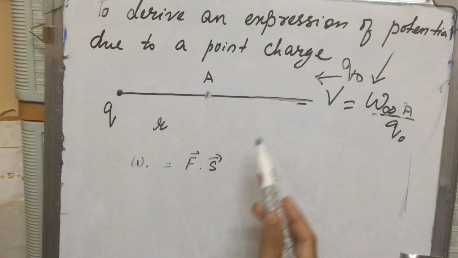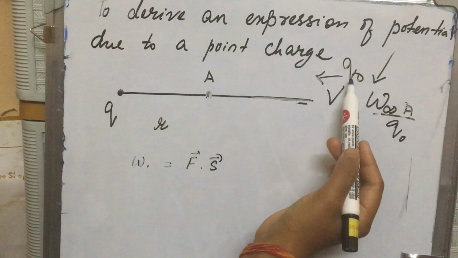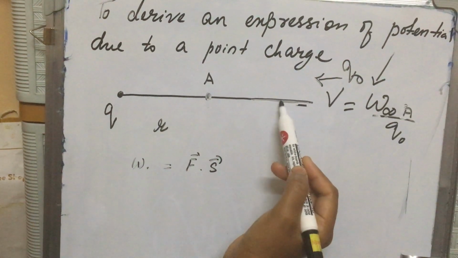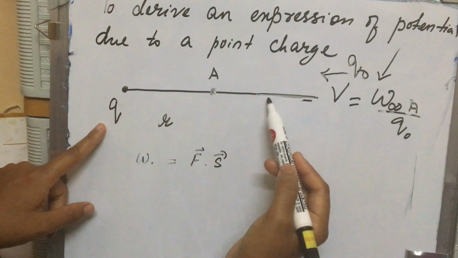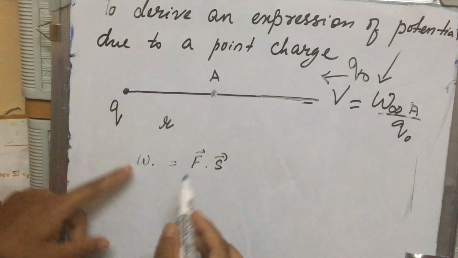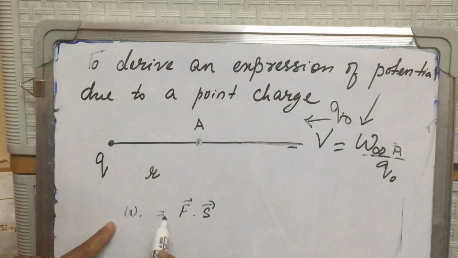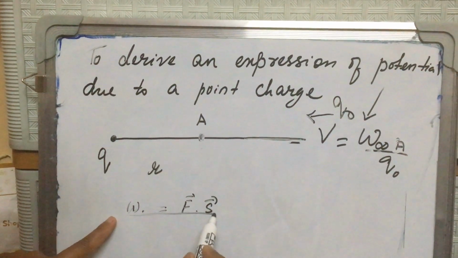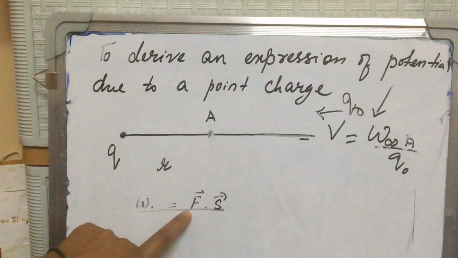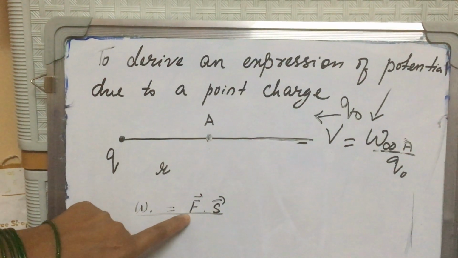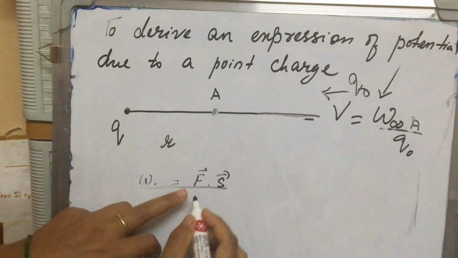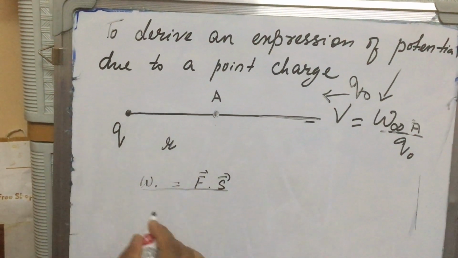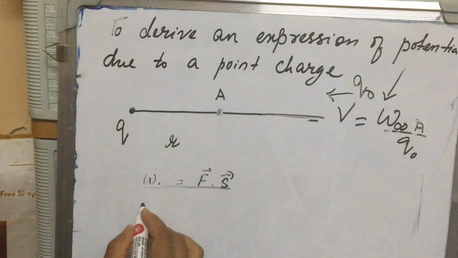No, right? The force is variable. As the test charge approaches nearer and nearer in the field of Q, the force will keep on increasing. So this definition of work done is valid when the force is constant, but in this case the force is not constant, right?